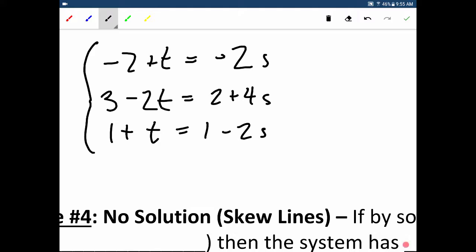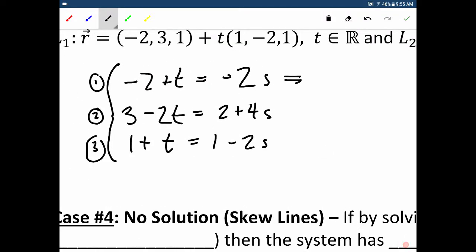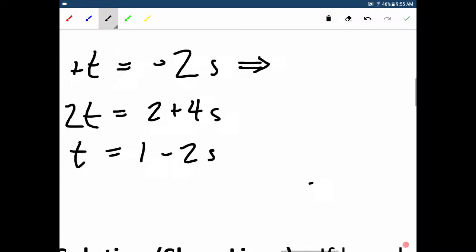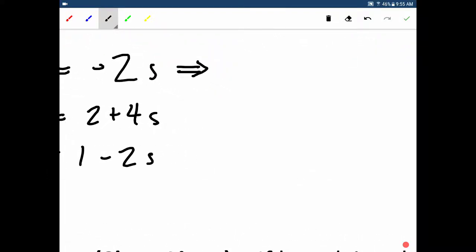So I am going to label this as 1, this is 2, this is 3. To begin with, I'm going to isolate t. When you take a statement and just rearrange it, you can put this equal arrow, a way to write equations side by side rather than underneath each other.